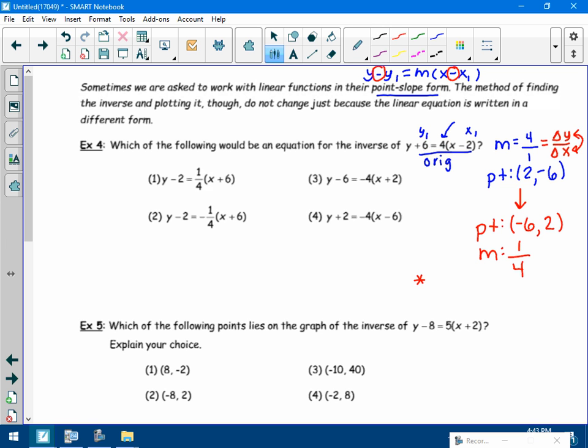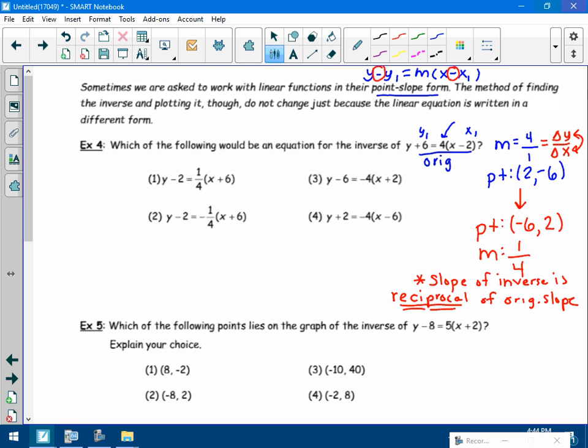And it becomes that from that property of switching x and y. So you can remember, slope of inverse is the reciprocal, not the negative reciprocal, just the reciprocal of the original slope.